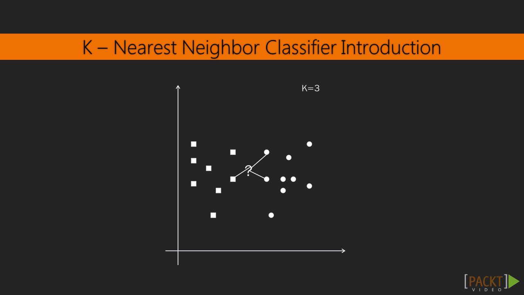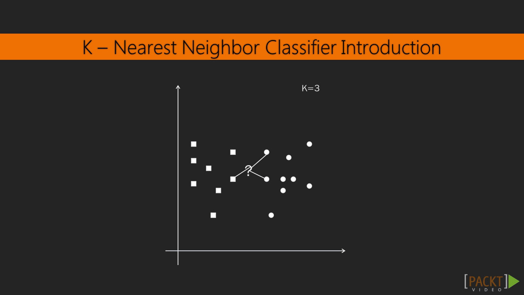If you see on the screen, you can identify that out of the 3 nearest classes, 2 belong to circles and 1 to square. This means the question mark belongs to the circles class. Thumbs up for those who felt that question mark belongs to circle class. This is the way in which k-nearest neighbors classifier predicts a new data point's target class.